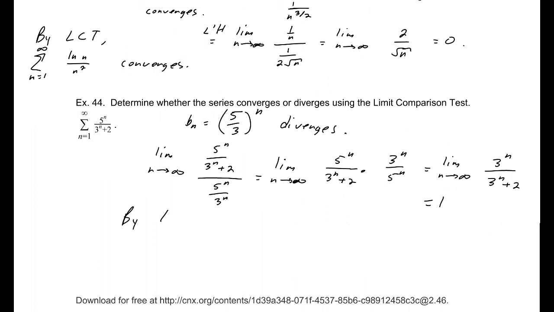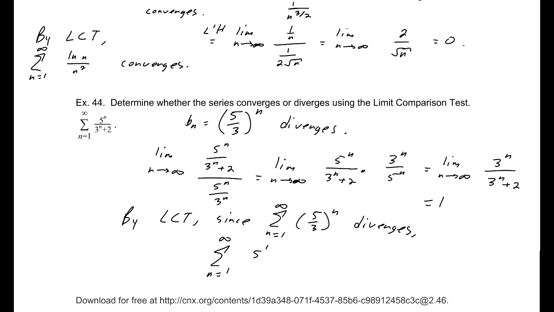So by the limit comparison test, since the sum from 1 to infinity of 5 over 3 to the n diverges, the sum from 1 to infinity of 5 to the n over 3 to the n plus 2 diverges as well.